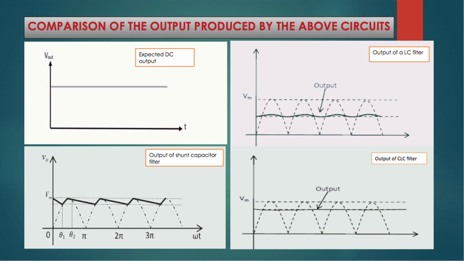Now in the second figure, you can see the output of the shunt capacitor filter, while on the other plots you can see the output of the LC filter as well as the output of the CLC filter. The output of the CLC filter matches with the expected DC output, and hence you can imagine how perfectly this CLC filter works.